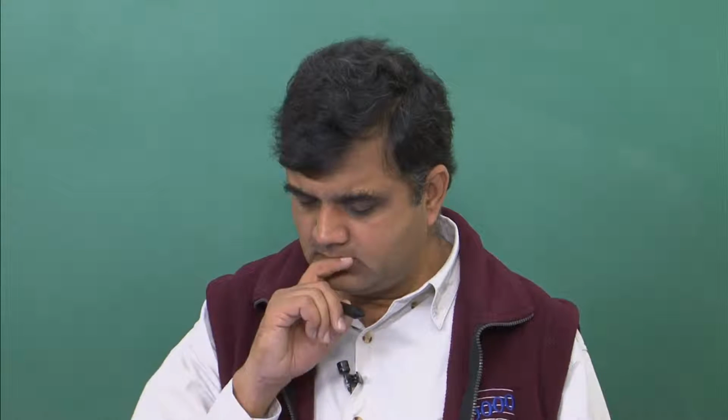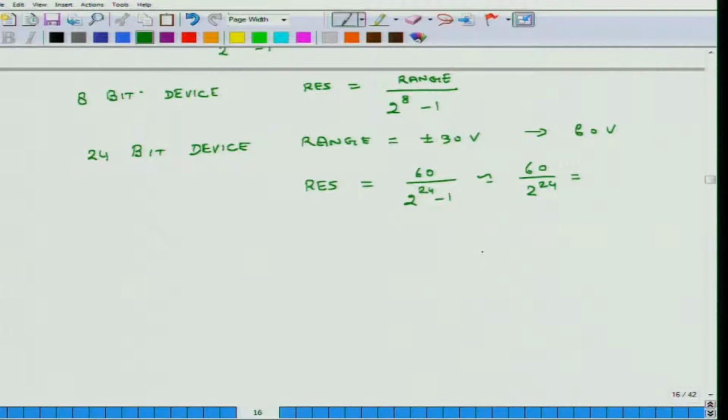And so what is this thing? This is 2 to the power of 24. So, we know that 2 to the power of 10 is 1048. It is approximately equal to 10 to the power of 3. So, 2 to the power of 20 will be approximately equal to 10 to the power of 6, and 2 to the power of 24 will be approximately equal to 10 to the power of 6 into 2 to the power of 4.